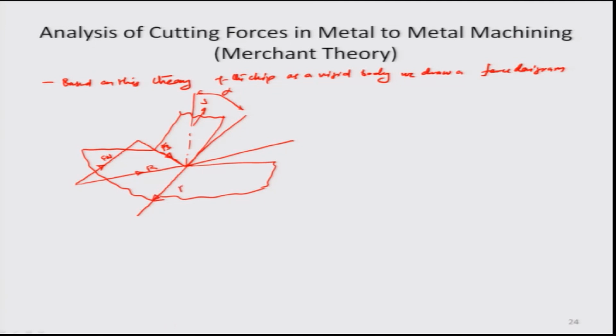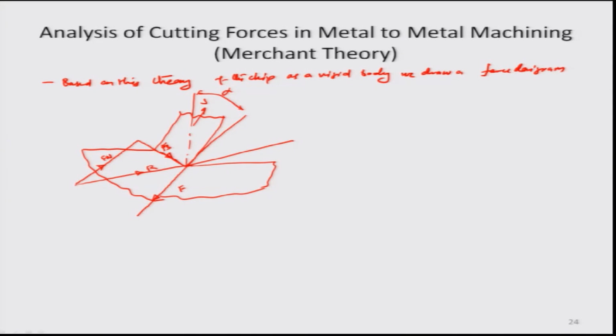We call this the frictional force F, and we also draw a normal force which would generate a resultant equal and opposite to the resultant we have just generated from the shear force and the normal force.